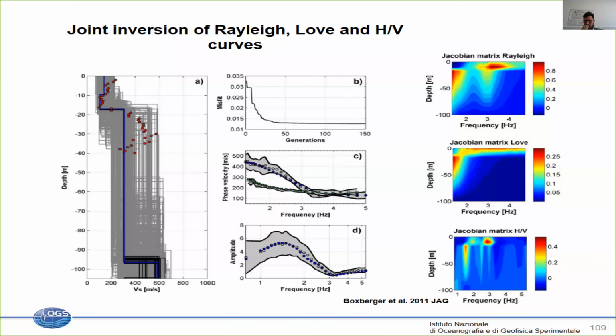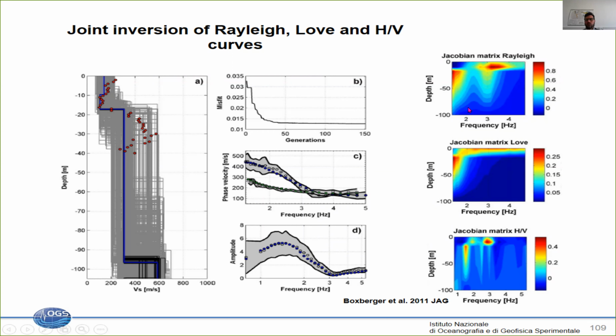With a different approach, I showed you the original one of Aki, always based on the correlation coefficient for the three different components, it was possible to estimate also the Love wave velocity dispersion curve. And combining in the inversion Rayleigh, Love, and H over V, it's possible to improve even more the final model of the underground that we can retrieve.